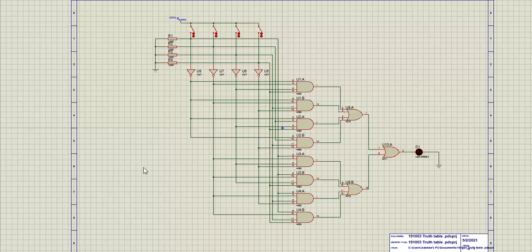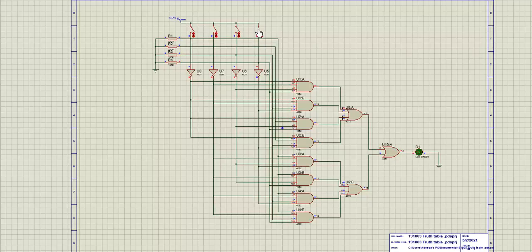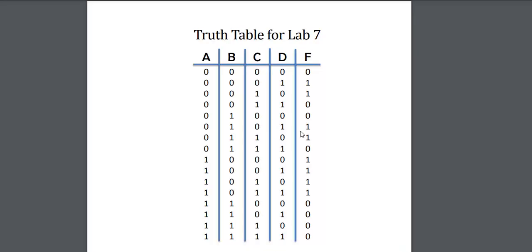If I run this simulation, for the first input to be high, D or C has to be 1. If I make D 1, there is 1 at the output. At C there is a 1 at the output, but if both of them are on, there is nothing at the output, as indicated in this truth table.